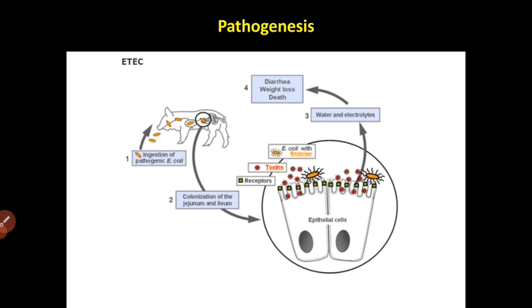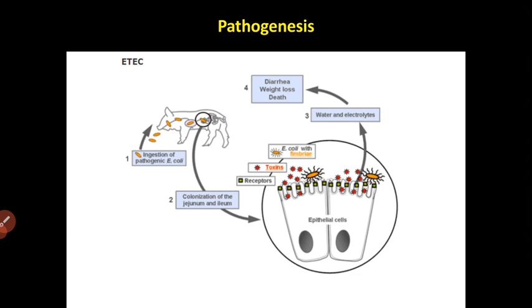ETEC, what does it stand for? Enterotoxigenic strains of E. coli, ETEC. This image will show you how the pathogen works. The contaminated food is ingested, which has E. coli. After that, colonization will be formed in the intestine, in the jejunum or ileum.